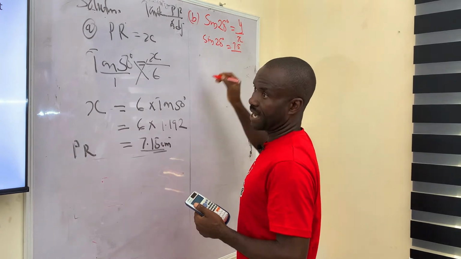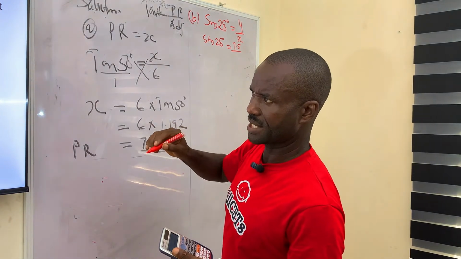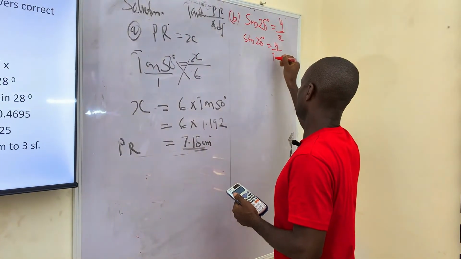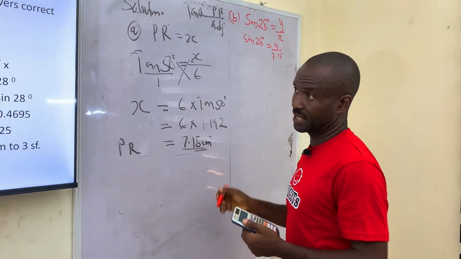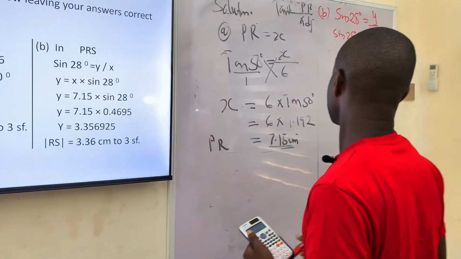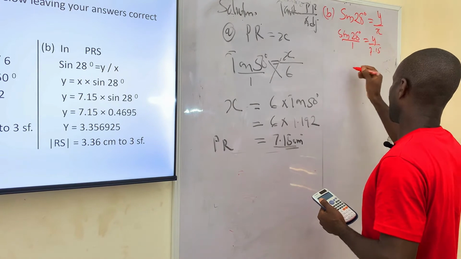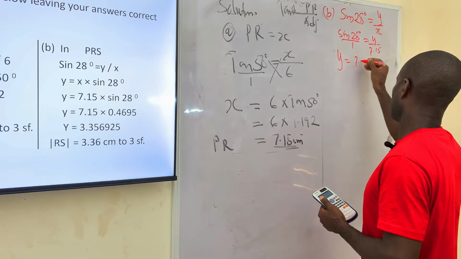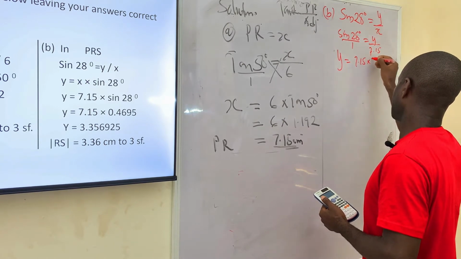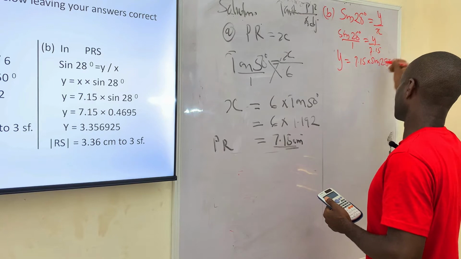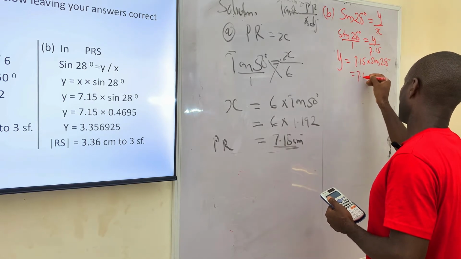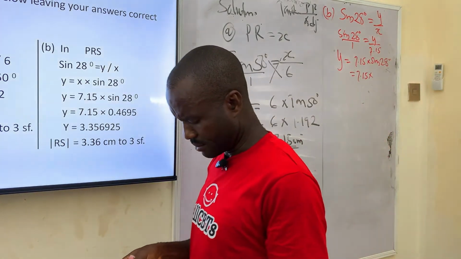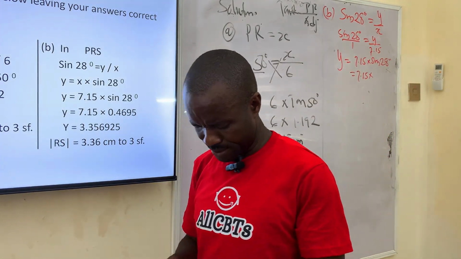So sine 28 degrees equals Y over 7.15, which we just calculated as X. So how do you find Y? You cross multiply. Y equals 7.15 times sine 28 degrees. Somebody should help us with the calculator.